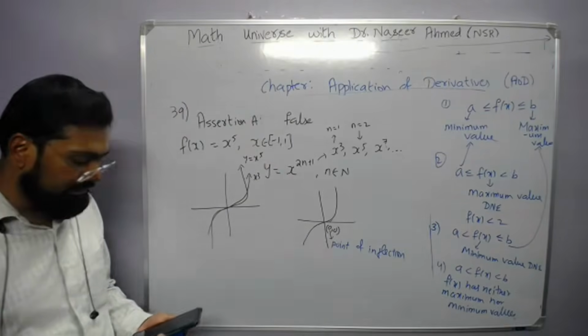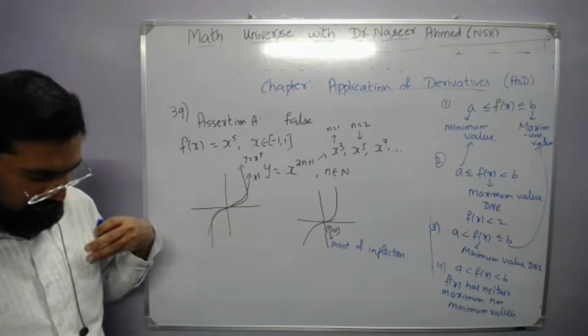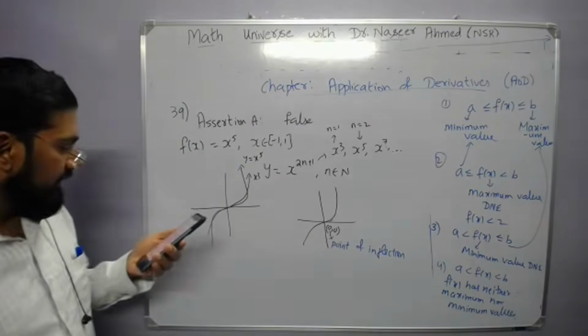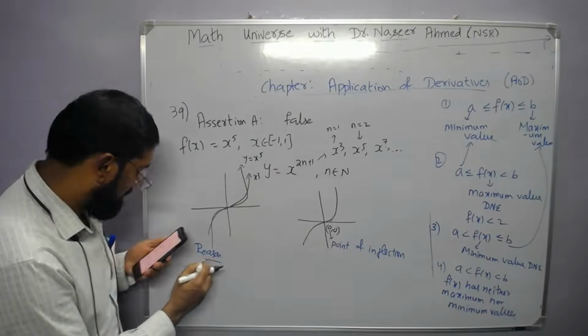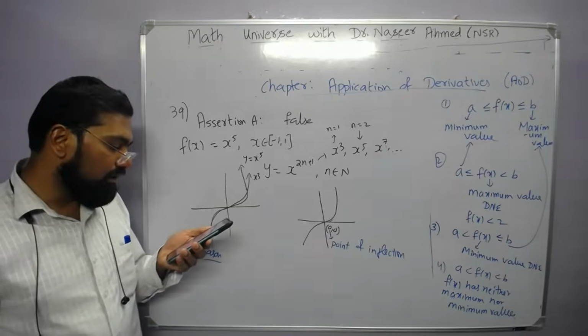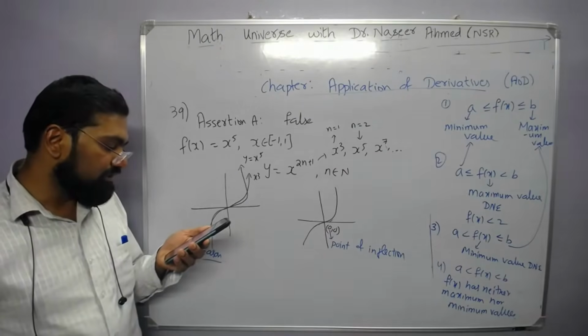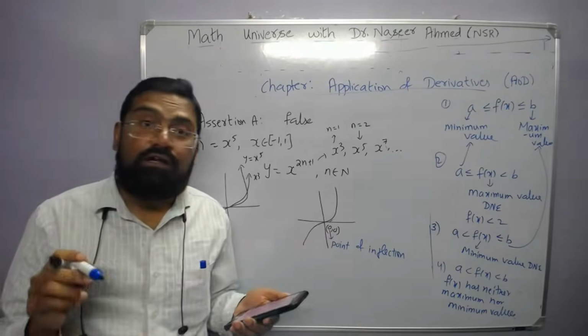Okay, now let's come to the reason. What do we have in the reason? The reason says the local maxima or local minimum values of a function can only occur at corner points. Can only occur where?